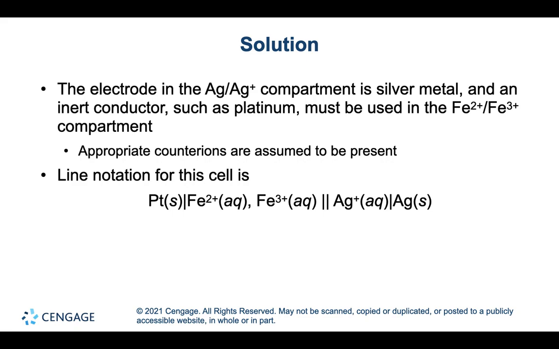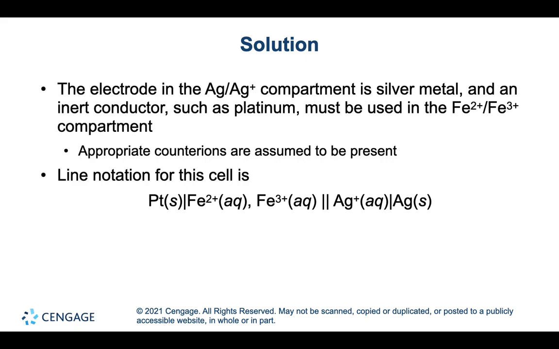The other side, because there is no piece of metal, these are both ions, Fe2+ and Fe3+. A piece of platinum would have to be your electrode. And of course we would have appropriate counter ions such as sulfate or nitrate to balance out the silver and iron ions' charges.